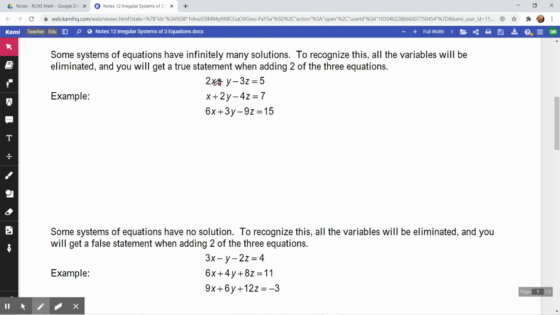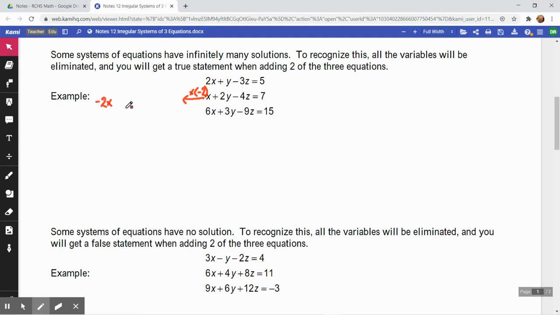Very quickly here, if we want to eliminate x using the top 2 equations, this has a positive 2 in front of x, this has a 1, but we know a negative 2 would cancel with positive 2. And so if we choose to multiply this equation by a negative 2 everywhere, we would get a new equation that reads negative 2x.